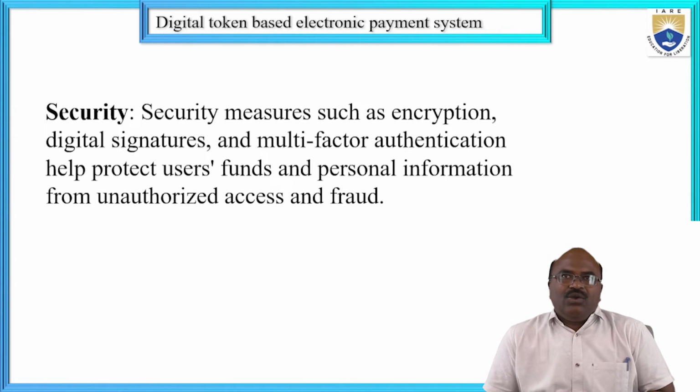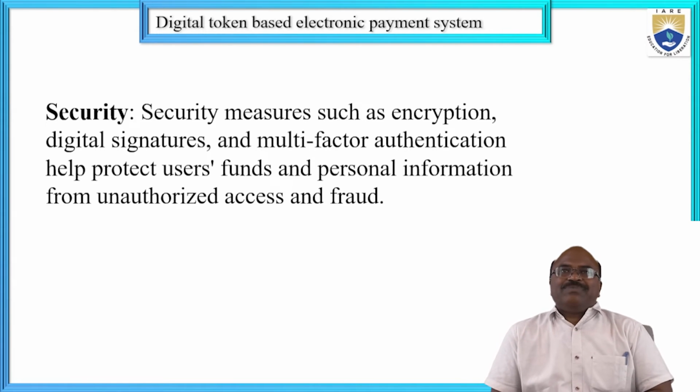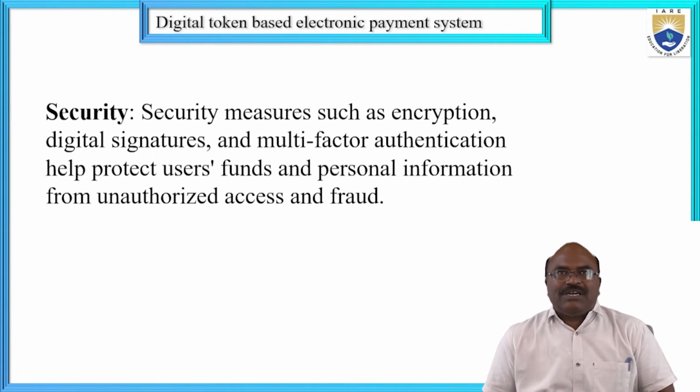Here, we use secured methods such as encryption. Encryption is nothing but converting plain text, which humans can understand, into protected data. After the transaction, the sender takes up the encryption, followed by the decryption with the help of the key. Another important thing is the digital signature.